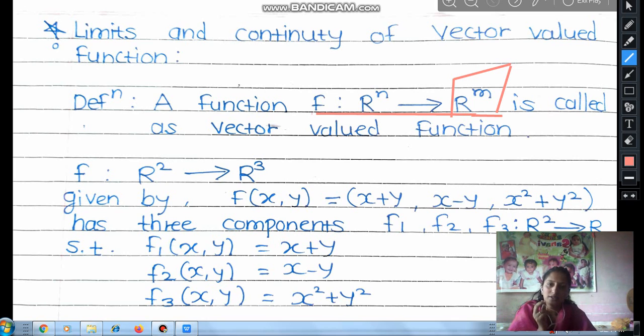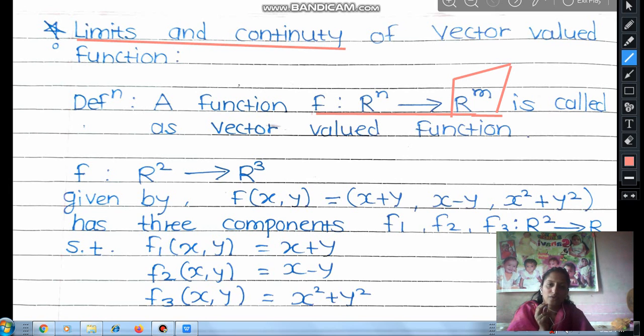In vector field also we discuss limit and continuity, how to calculate limit of that function and how to check the continuity of the function. There are some theorems on continuity and on limits, algebra of limits and continuity. All the concepts are the same, but the difference is that we solve examples from Rn to Rn.